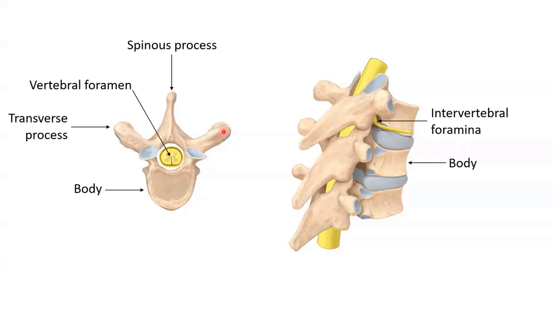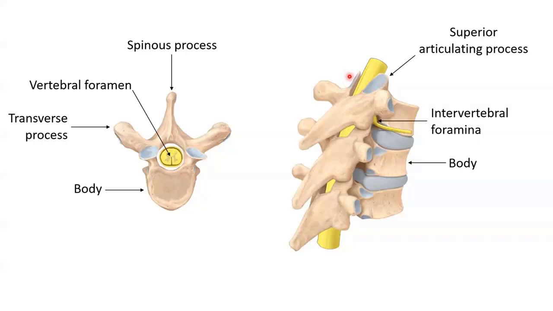The vertebrae then contain a further 4 processes which form joints with the vertebra either above or below. So we have 2 superior articulating processes, or superior articular processes. These project to the top of the vertebra.